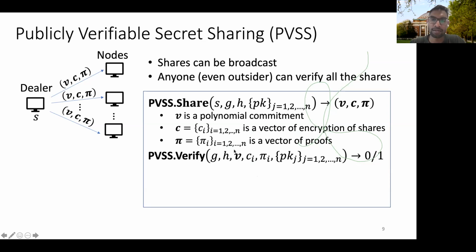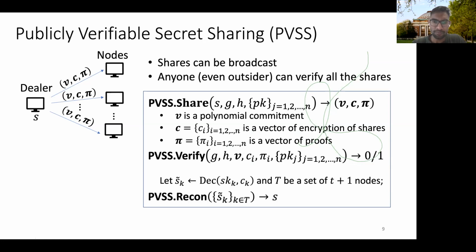It takes in the polynomial commitment, one encrypted share, and one proof, and then outputs either 0 or 1 depending upon whether it is a correct encryption or not. And given decrypted shares, you can again use t plus one of them to reconstruct the secret.